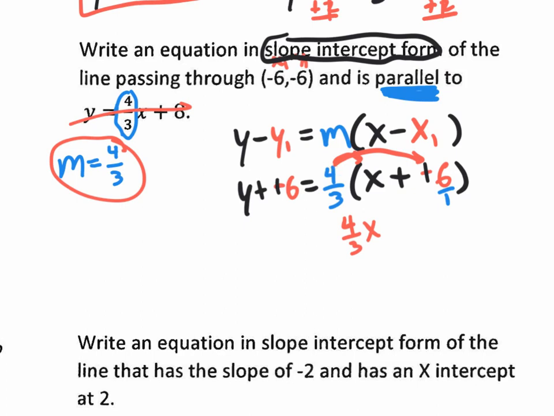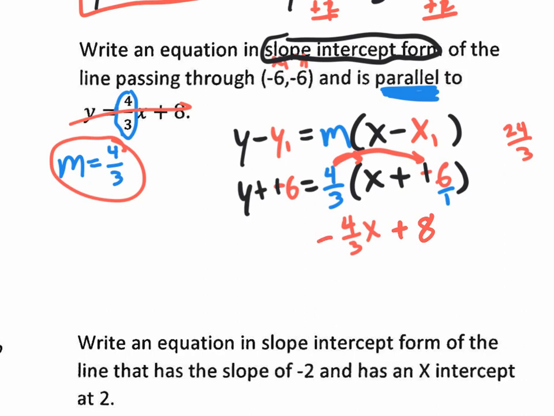So if I do go 4 times 6, let me just do this on the side over here. 4 times 6 is 24, and then if I do the bottom, the 3 times the 1, that would give me 3, right? So it would technically be over 3. And then you could look at the fraction, 24 over 3, 24 divided by 3 is 8. So we do have plus 8 right there.